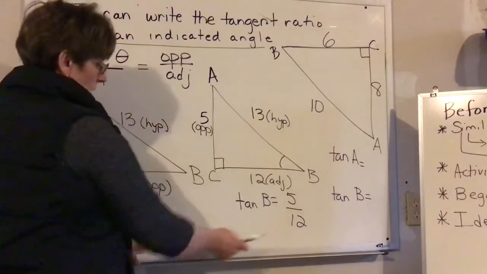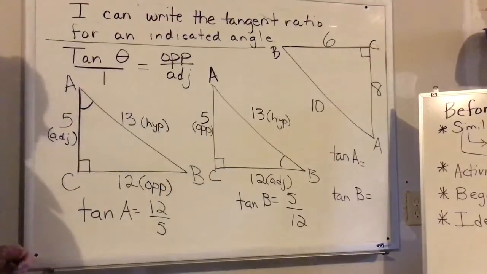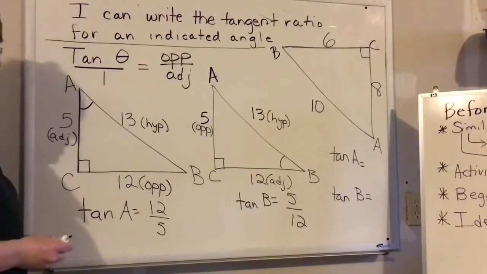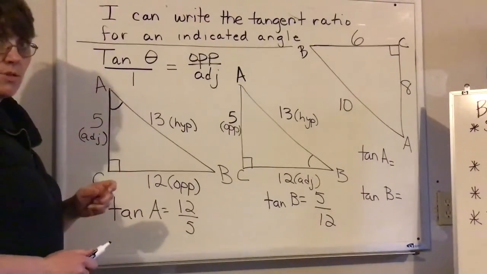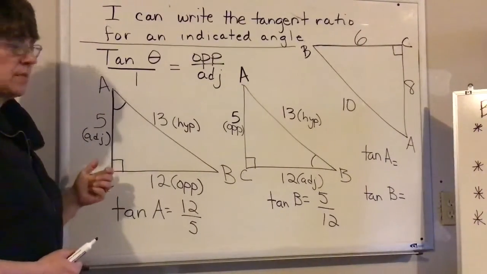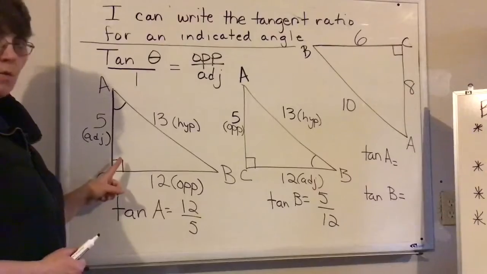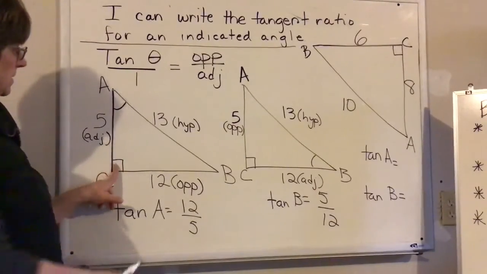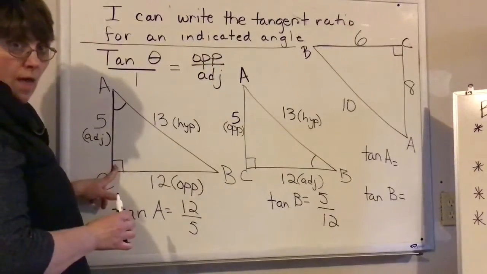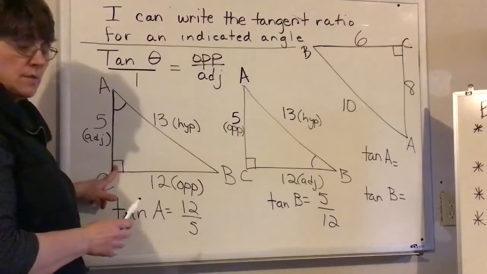One thing you might notice about these two trig ratios is that they're reciprocals of each other. And they're reciprocals of each other because the two angles that I concentrated on, I don't have measures for them, but I know that those two angles are complements of each other. They're in the same right triangle, and since this is 90 degrees, the measure of angle A and the measure of angle B have to add up to 90 degrees as well.